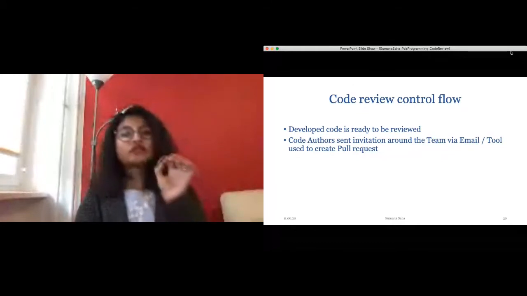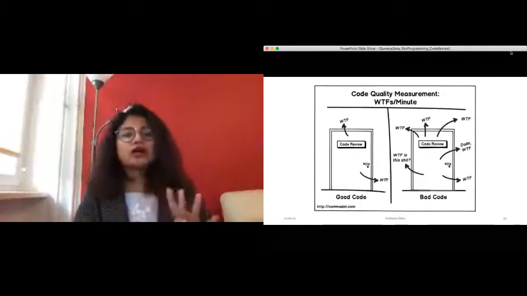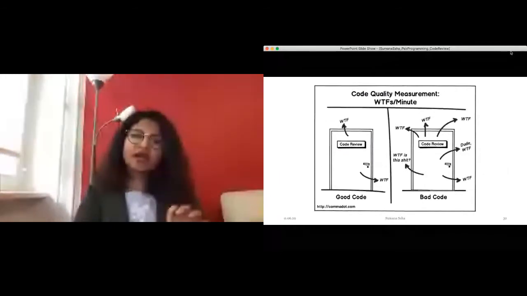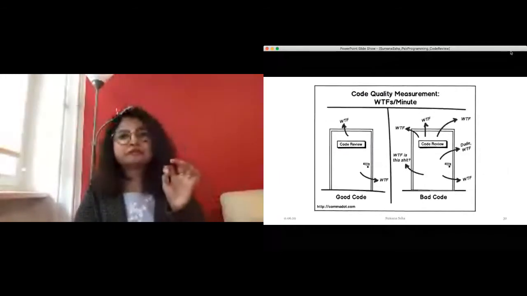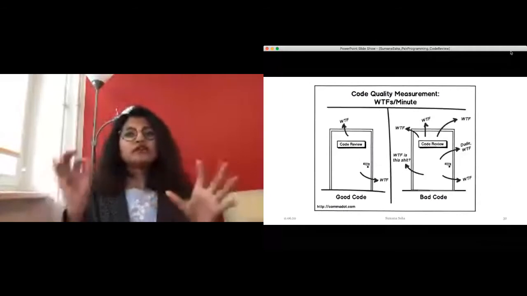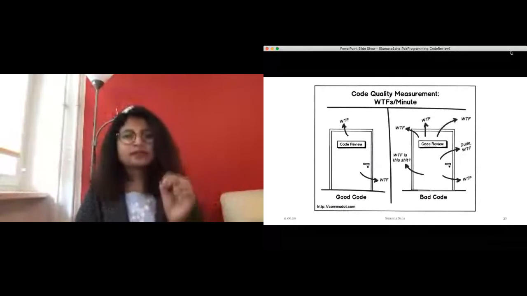To illustrate how to review code, I have a really famous example, which is by Uncle Bob, from his Clean Code book. Imagine code review is happening in a particular room, and you are counting the number of "what the fucks" per minute.